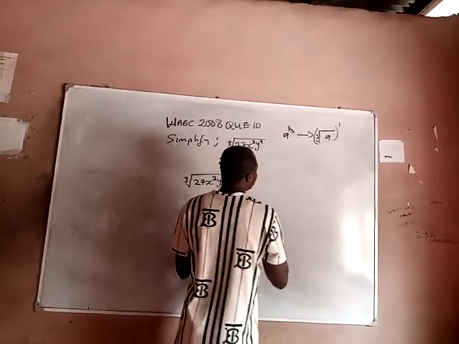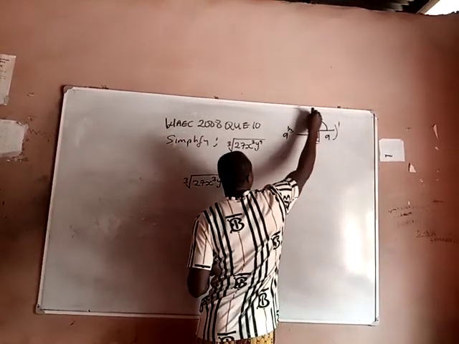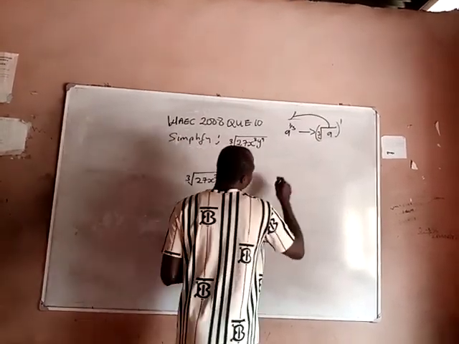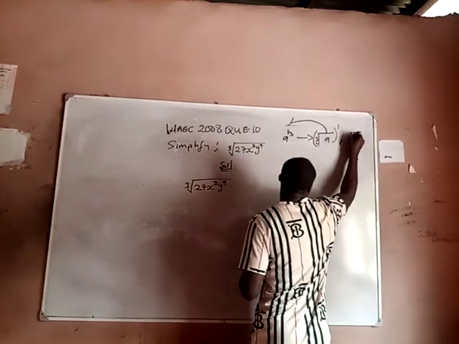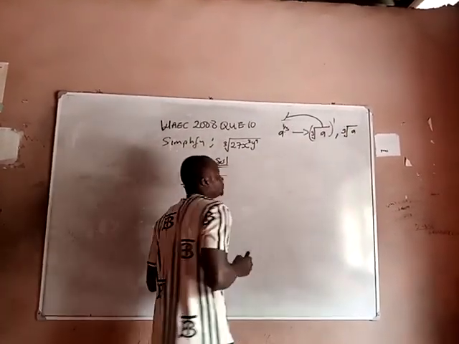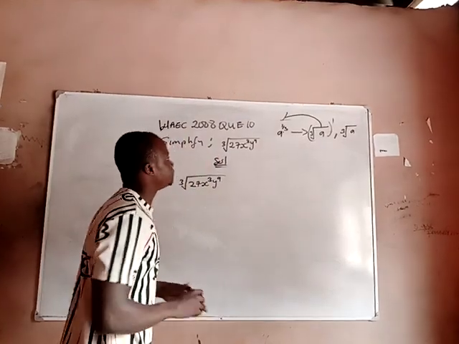So the same way, this can also turn to this. Anything like this can also turn to this. That is what I'm trying to say.